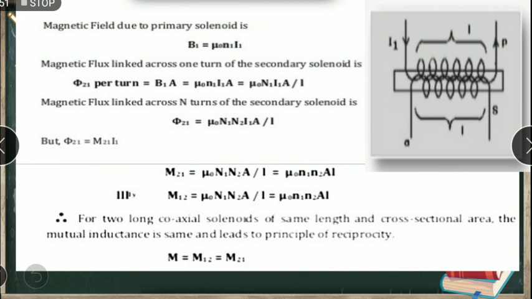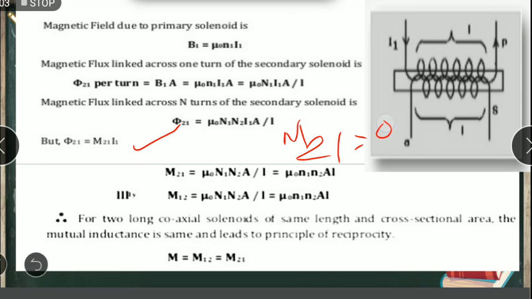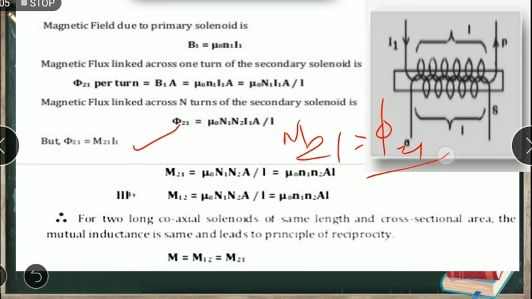M21 will be equal to phi 21 divided by I1, isn't it?